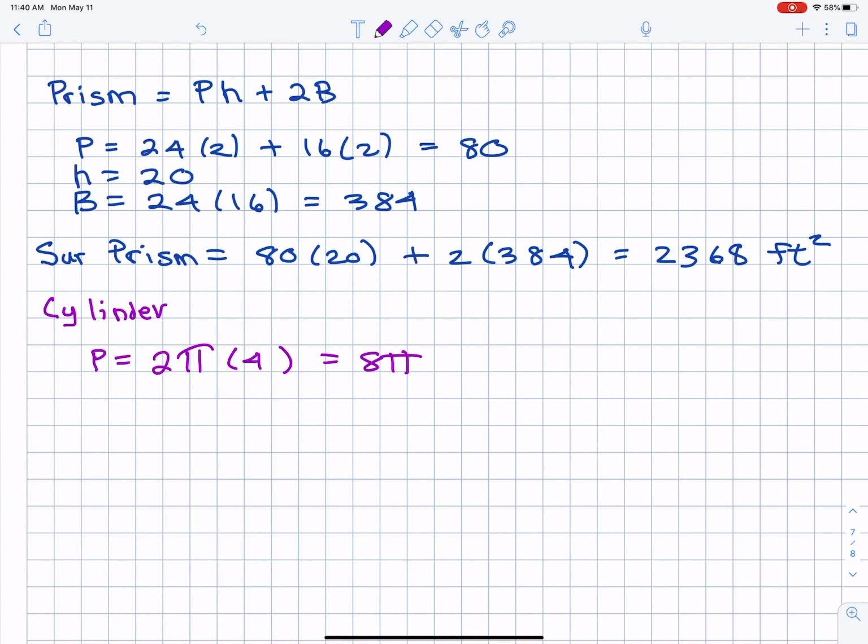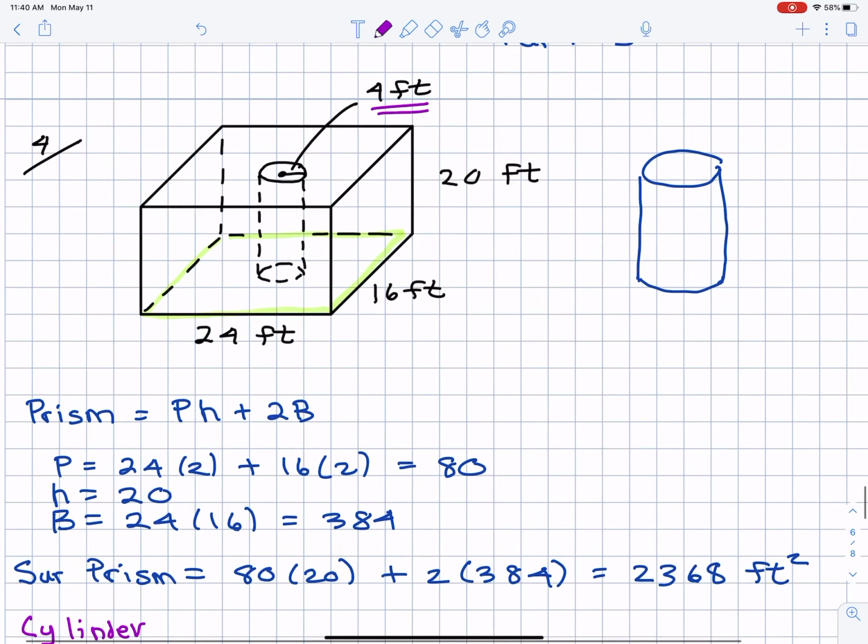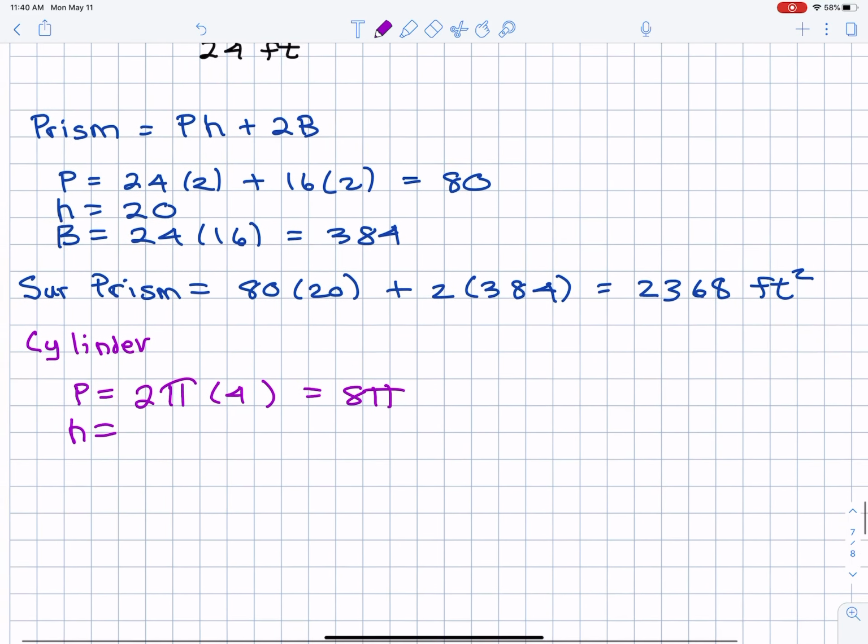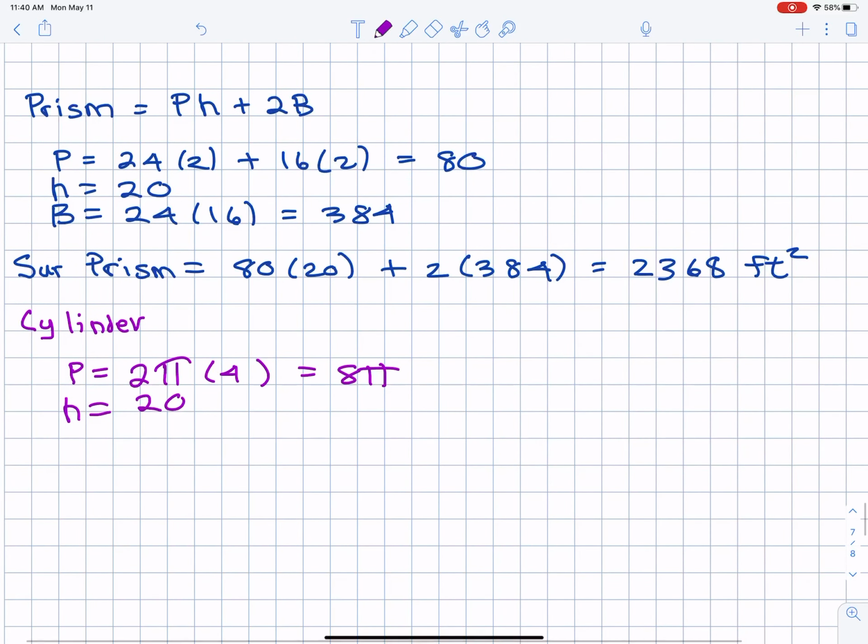Then we need to know the height, which is exactly the same as the height of the prism. So that's 20. And then finally, we need to know what a base is. In this case, a base is pi r squared. So pi 4 squared, which equals 16 pi. Okay, so let's put this all together.